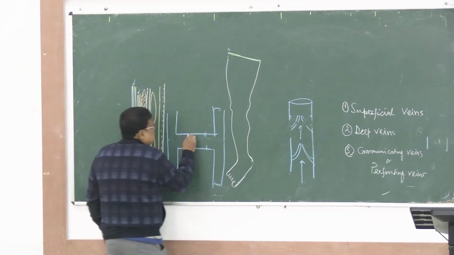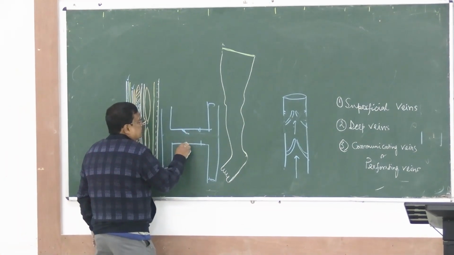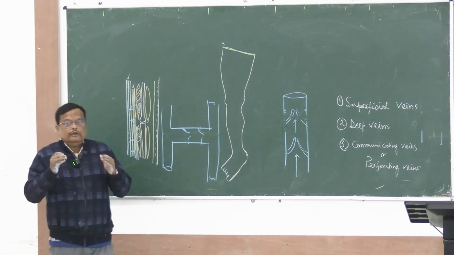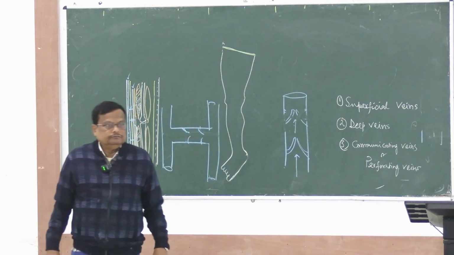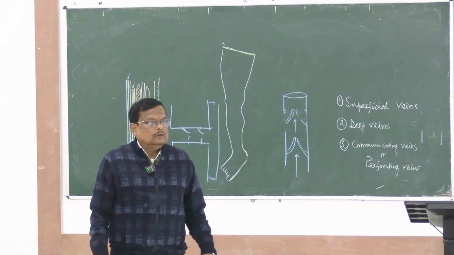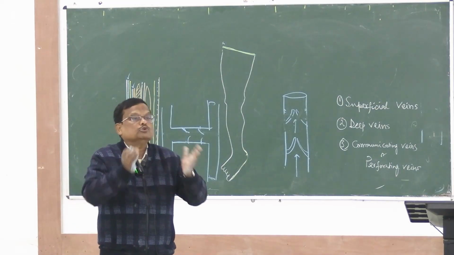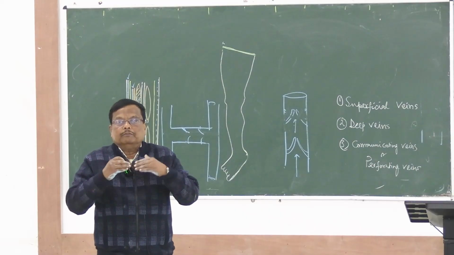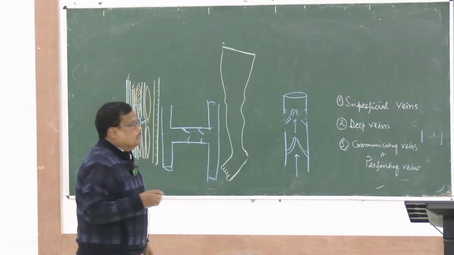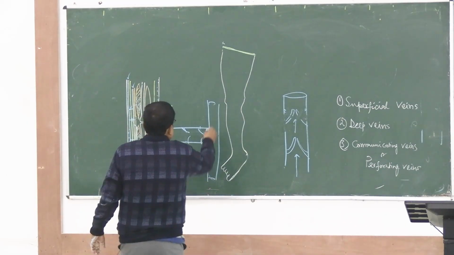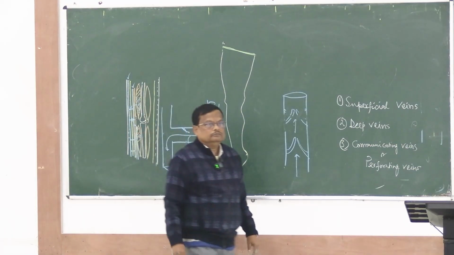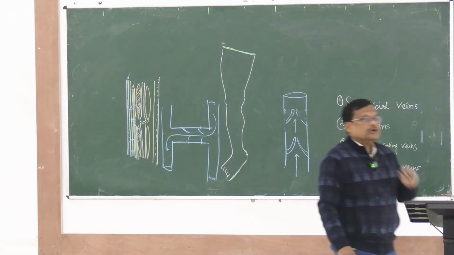So, if the valves are defective, what happens? They cannot close properly. They cannot close or shut off properly, so that from the high pressure deep veins, blood flows to the superficial veins. It is not desirable.